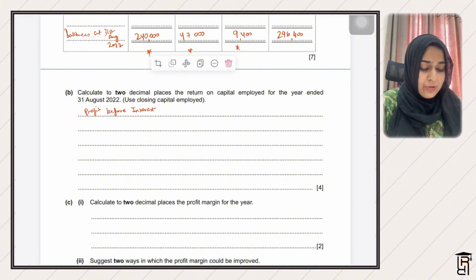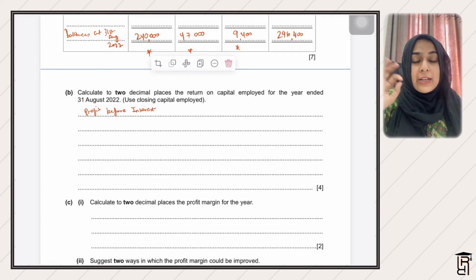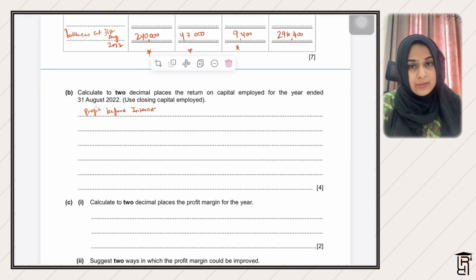Then you can also, in a way, improve your gross profit margin. So if you try to cut down on your cost of sales, how do we do that? Sometimes you can obtain cheaper supplies from somewhere else, and that reduces the value of your purchases and then reduces your cost of sales and increases gross profit.